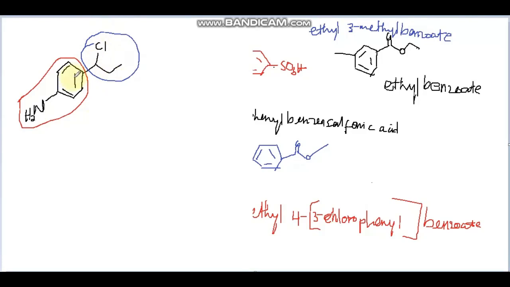So you're going to have 4, then in brackets you show the position of the chlorine on the propyl in the substituent. So we have 1-chloro. The 1 means that we have the chlorine at position 1 of the propyl. So we have 4-(1-chloropropyl)aniline.